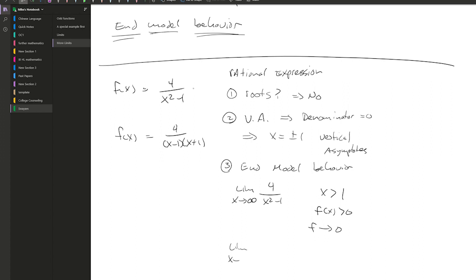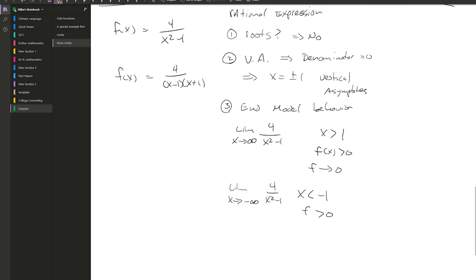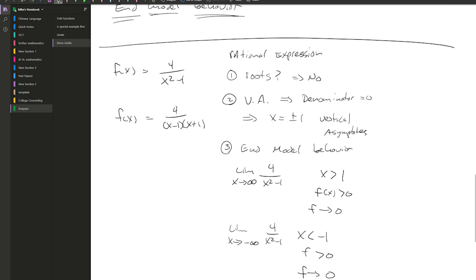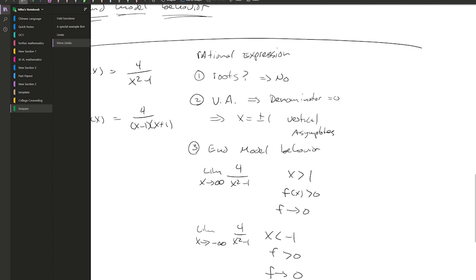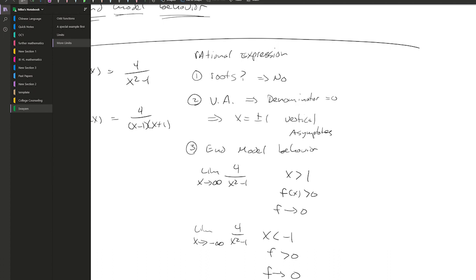If I did the limit as x goes to minus infinity of 4 over x squared minus 1, now I've got x less than negative 1, but f is still bigger than 0 because I'm doing the thing squared, and I know that the function just gets very, very big on the bottom, so it also goes to 0. So what have we got so far? No roots. We have a vertical asymptote at 1 or minus 1, and I know that this thing approaches 0 from above 0.